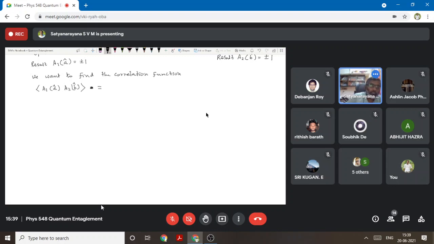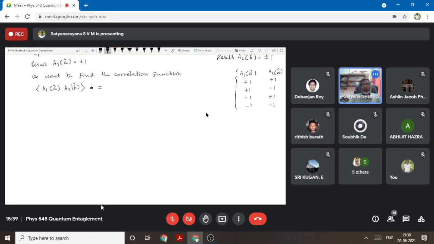If you write A1 of A cap and A2 of B cap, there are four possibilities. This can be plus 1, this can be plus 1; this can be plus 1 and this can be minus 1; this can be minus 1 and this can be plus 1; or both can be minus 1. There are four possibilities.